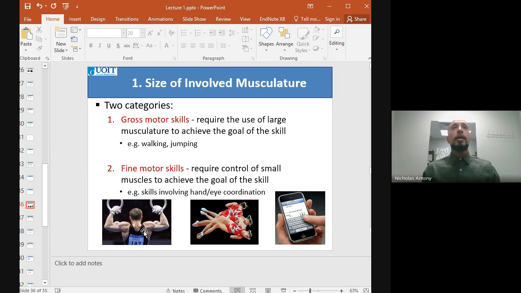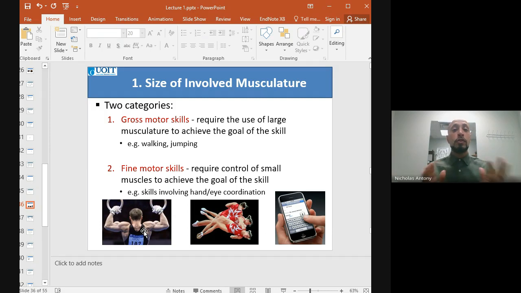The first way to classify motor skills is by the size of the musculature. You would classify something as either a gross motor skill or a fine motor skill. Gross motor skills utilize the big muscles, like power movements, whereas fine motor skills use fine movements like typing, which involve accuracy and hand-eye coordination.